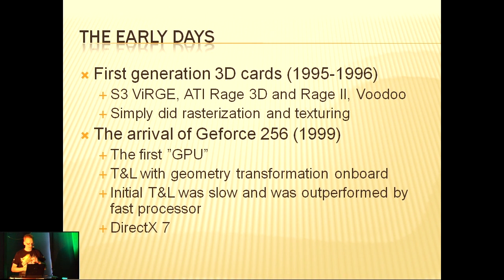Then in 1999, we got the GeForce 256, which was coined as the first GPU, graphics processing unit, because it had a transform and lighting pipeline built into it. Most of the work previously done on the CPU could now be offloaded onto the graphics card.